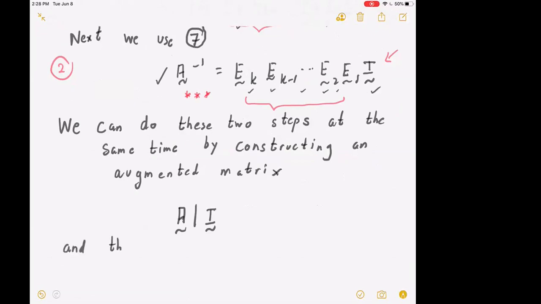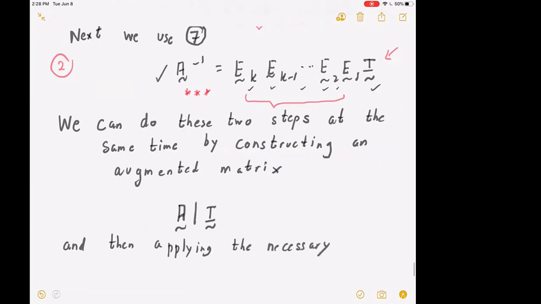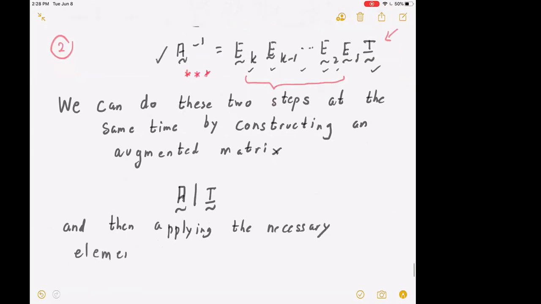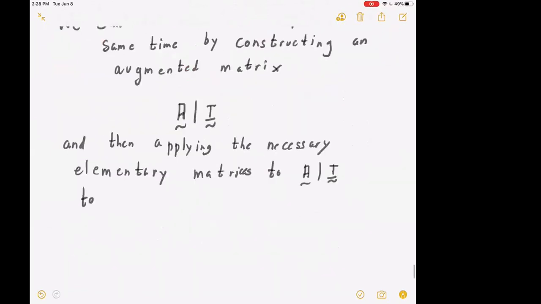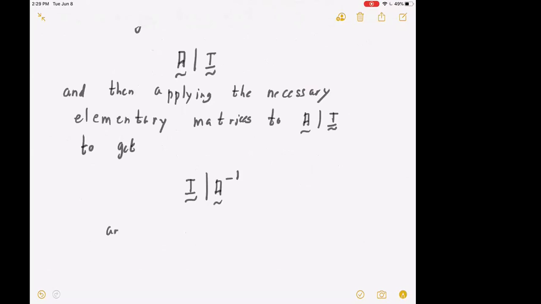And then applying the necessary elementary matrices to this new augmented matrix, so that we turn the A that's on the left-hand side of the vertical bar into the identity matrix, and the identity matrix that's on the right-hand side of that bar, we'll turn that into the inverse of A. And we have our answer.